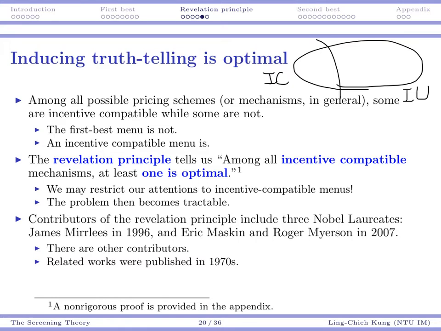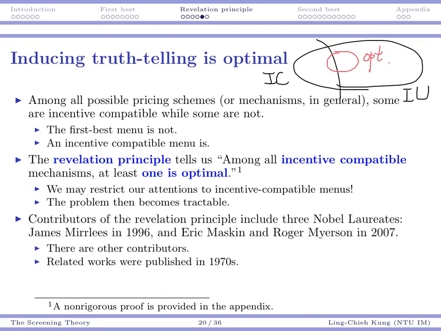Among all the contracts, some of them are optimal. Optimal means I offer this menu or this mechanism, and then the agents will act by maximizing their own expected utility, and then I can earn the highest amount of profit. Okay? Then I call them optimal mechanisms because they give me the highest amount of revenue or profit.